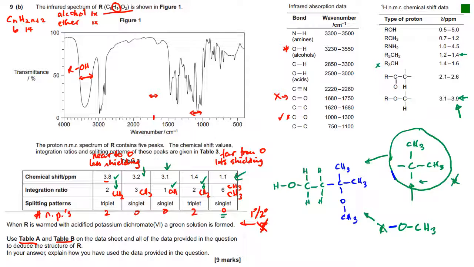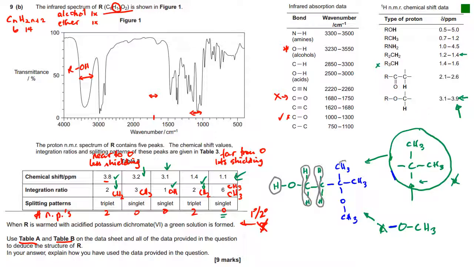We could go through the environments. If I've got another colour, let's do grey. We've got a hydrogen in an environment there. We've got a pair of hydrogens in an environment there close to an oxygen. We've got another pair of hydrogens on a CH2 a bit further away from an oxygen.